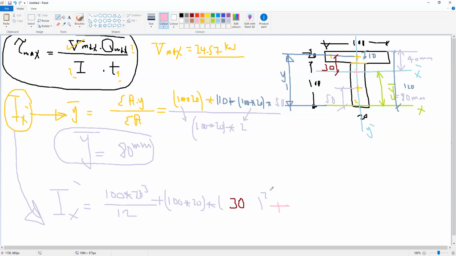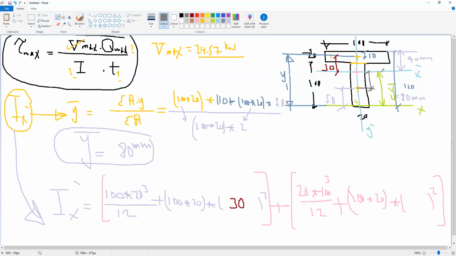So this is the inertia for area 1. The inertia of area 2 will be the parallel to x, 20, multiplied by the normal to x, 100 cubed, divided by 12, plus the area, 100 multiplied by 20, multiplied by the distance y square. What is y square here? Y here is the distance from the centroid of area 2 to the centroid of the whole section.